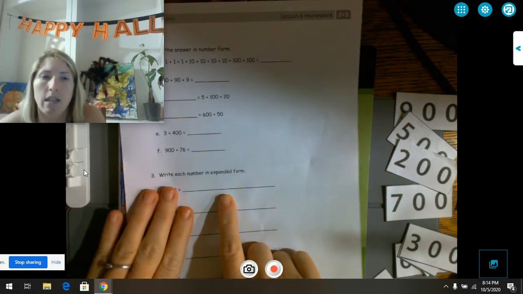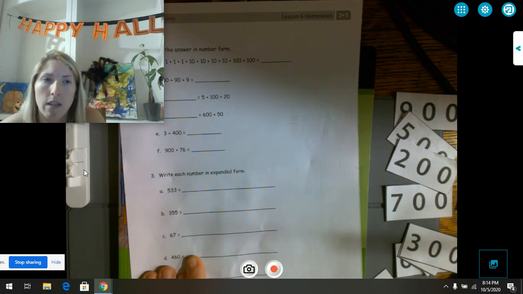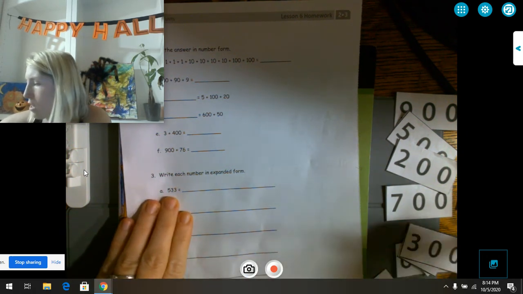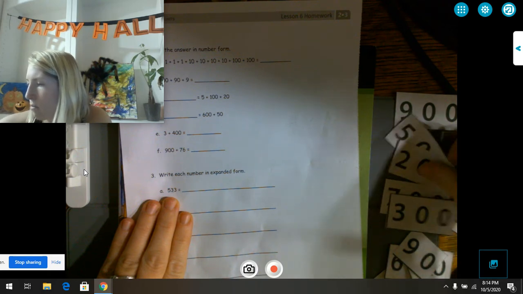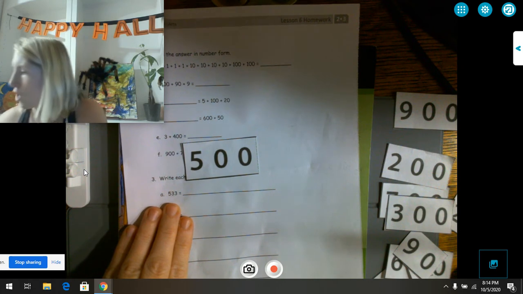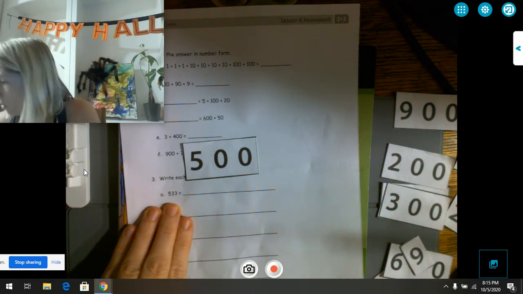Then you get down here and it says write each number in expanded form. So all you're doing here is practicing what we just learned on the problem set. So you're going to take that 533, and if you think you can do it without your hide zero cards properly, you can. But I would like to check your homework today, all of us second grade teachers, and see that you guys have done your homework page properly.